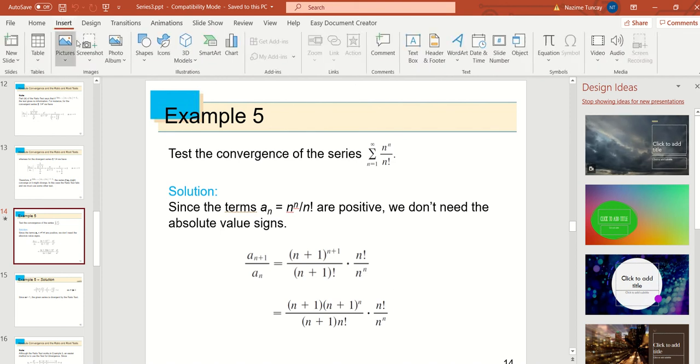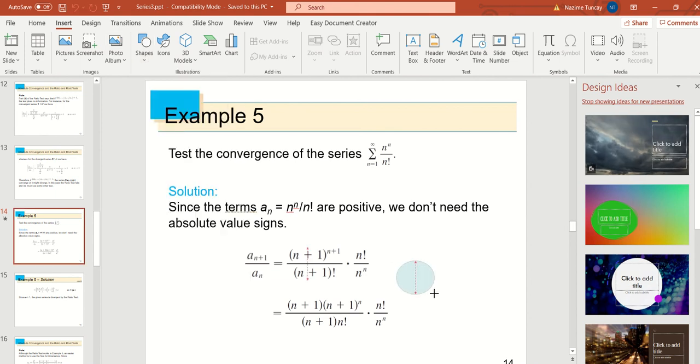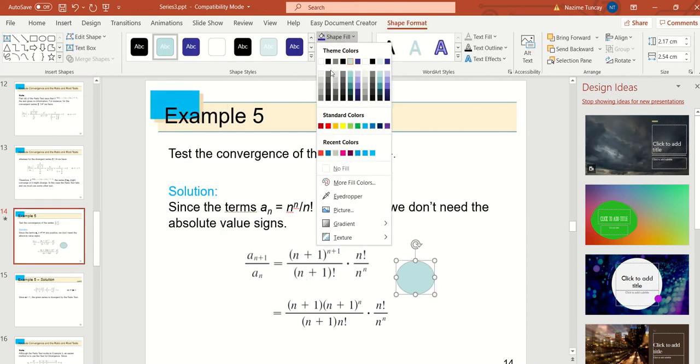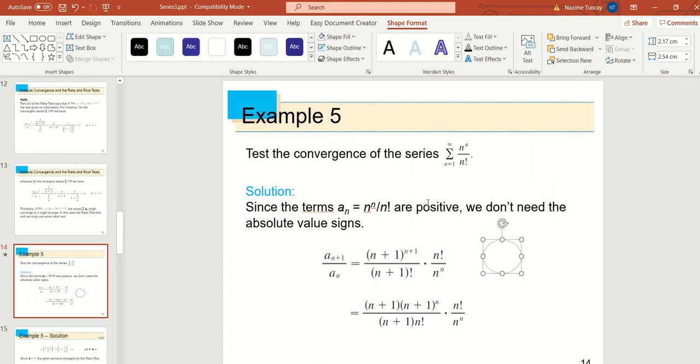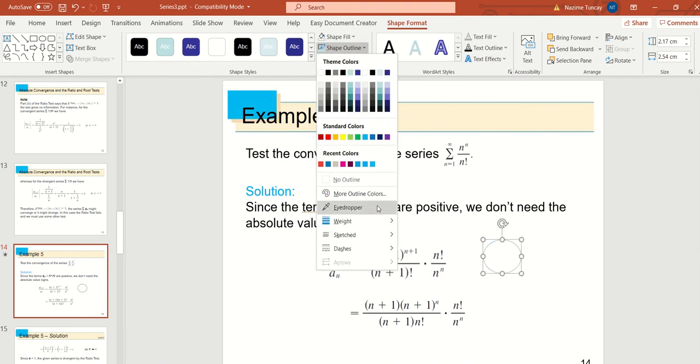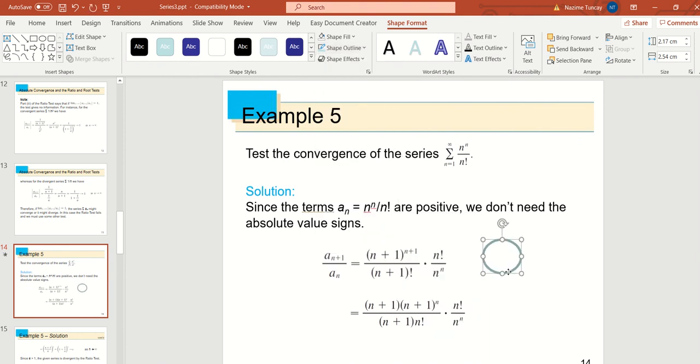So what I have is this one and this one and this one, because all the others are cancelled.